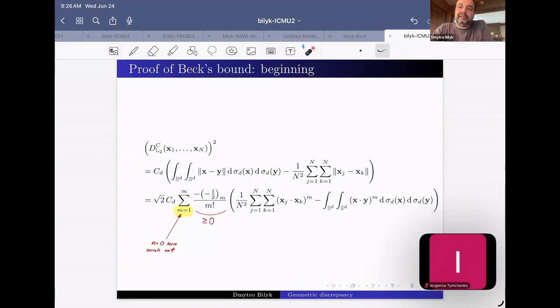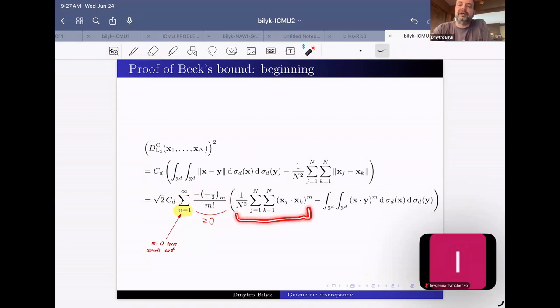The constant term will go away because it will be the same in both terms. Then we only have terms starting from m equal to 1. Remember, I want positive coefficients, so I put an extra minus here, which will flip these sums.